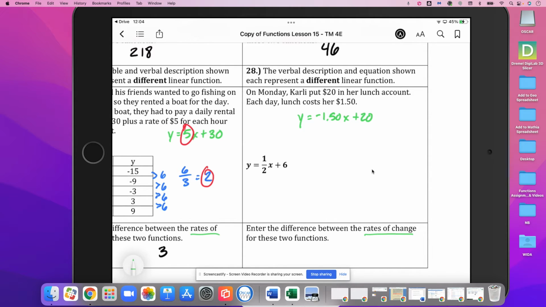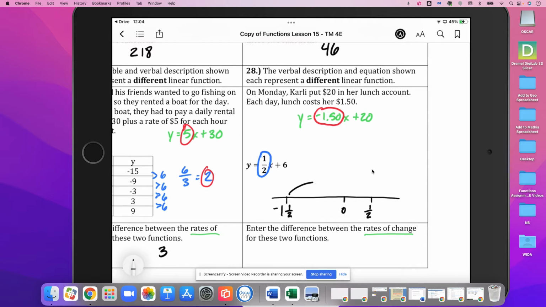So the rate of change for that one is negative 1.5. The blue one, our rate of change is positive 1/2. So if it's helpful to think about both of these as fractions, we can do that. So negative 1.5 is the same as negative 1 and 1/2. And then our other one is a positive 1/2.